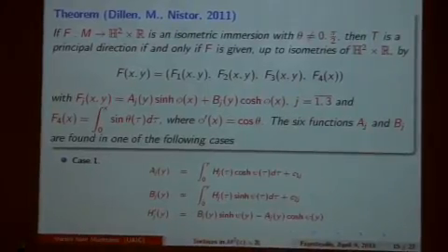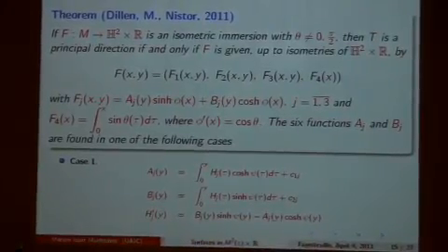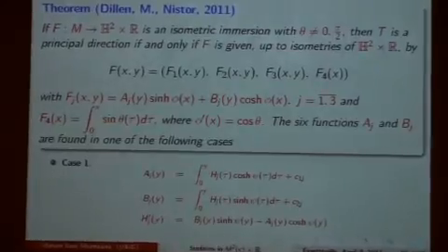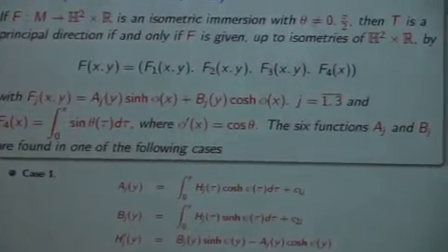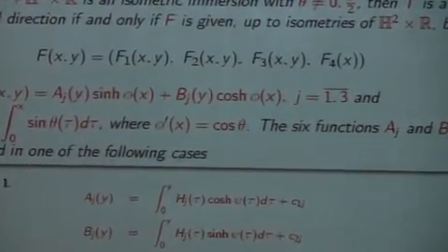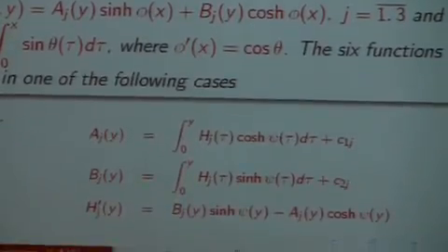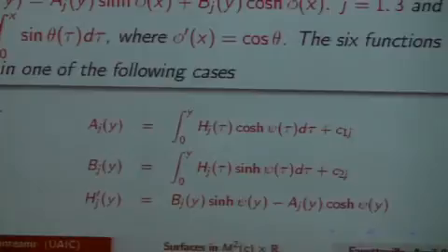So this is the first version of this classification theorem, and it is used in order to find examples. A more geometric one will be the second version. By the way, this is joint work with Frankie Dillon and Anna Nistor from Catholic University in Leuven, Belgium. So this is case 1, this is case 2.